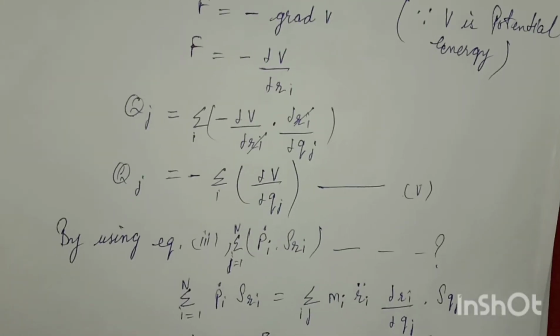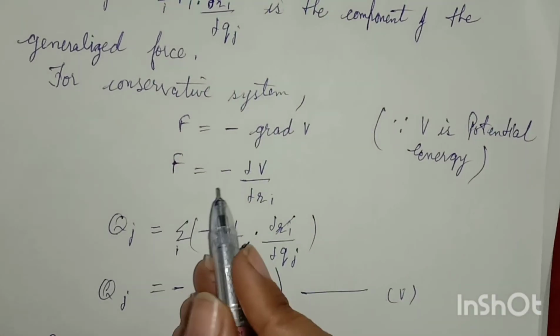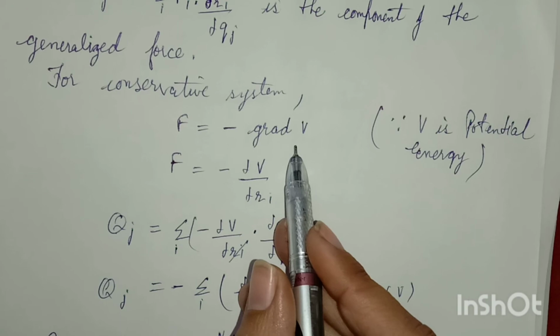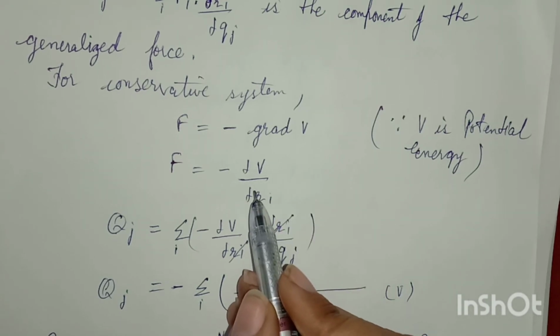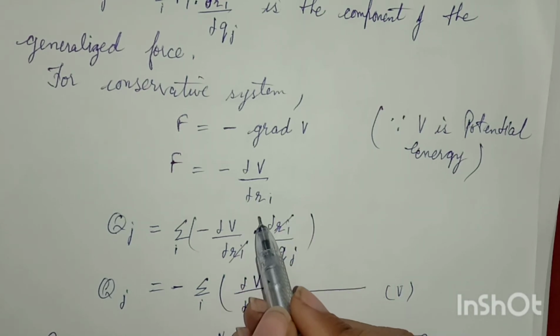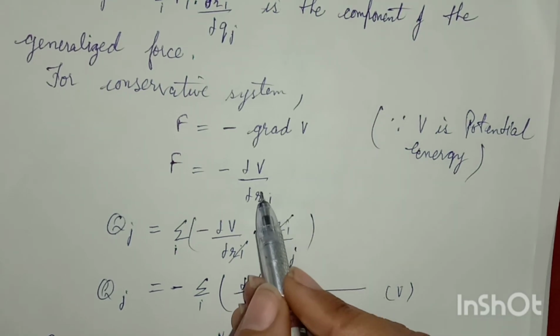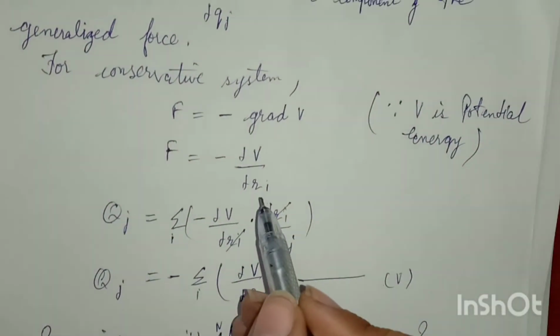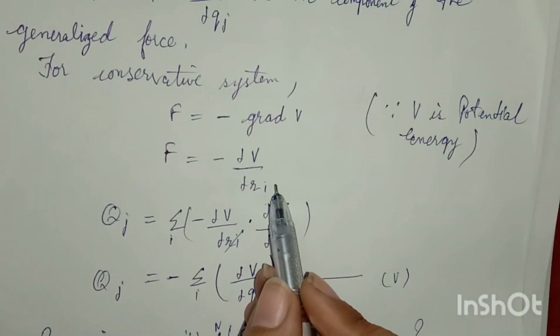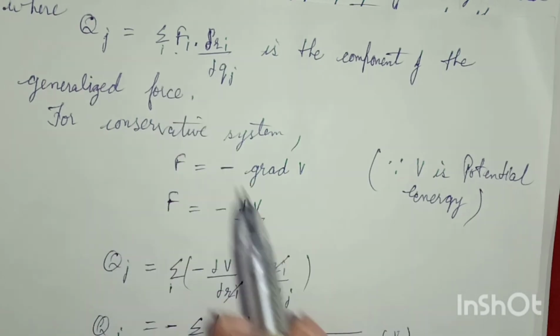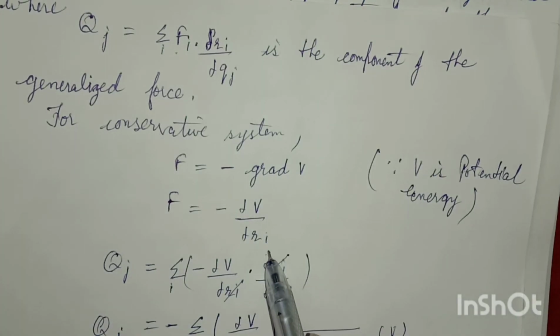Then, because for a conservative system, force is equal to minus gradient V, the gradient V is equal to minus ∂V/∂r_i. That means we can write the force as ∂V/∂r_i with the sign accordingly. In place of F_i, we put the value of ∂V/∂r_i.